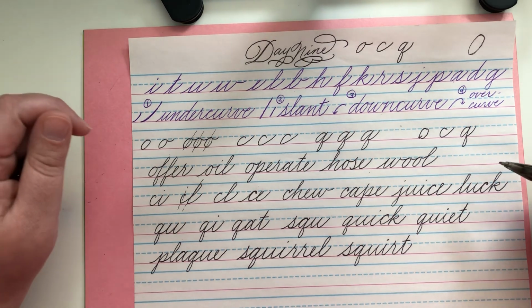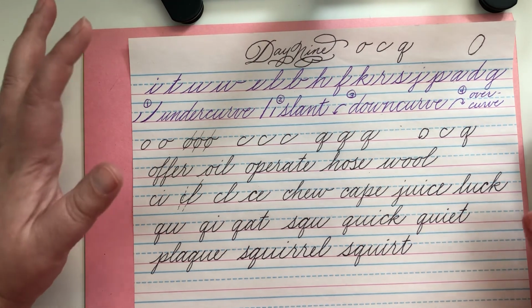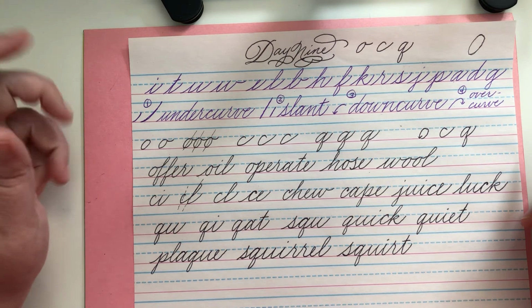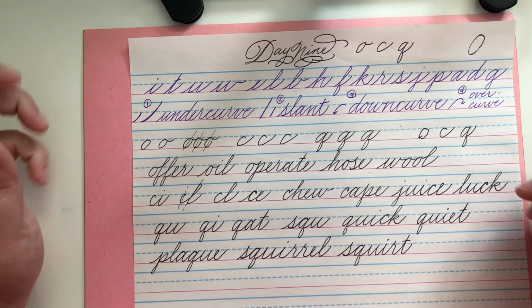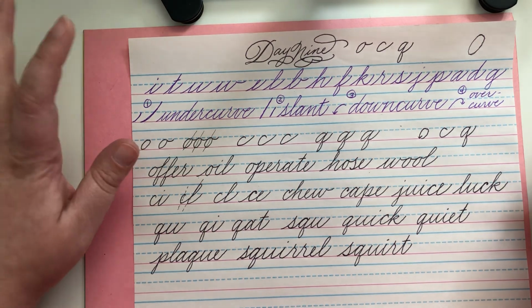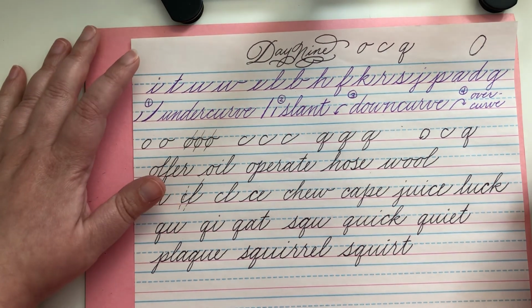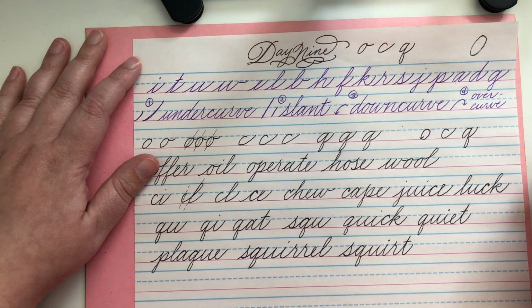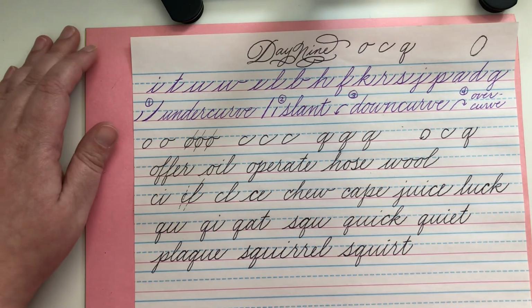Practice these letters. You only have 6 more lowercase letters to go, and then 26 uppercase letters, and then we'll start working on speeding up your handwriting so that it's beautiful and actually worth writing in cursive. Happy handwriting.